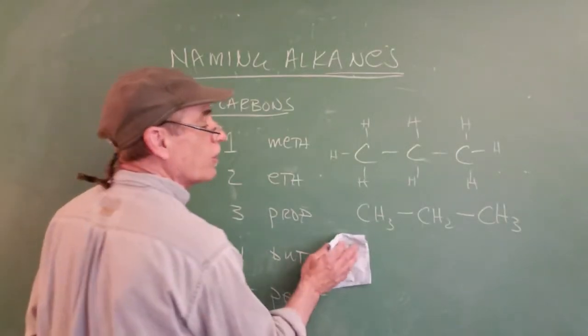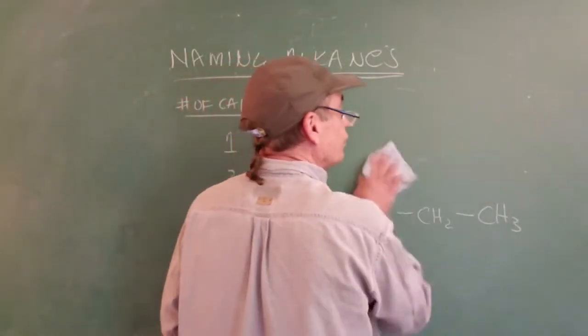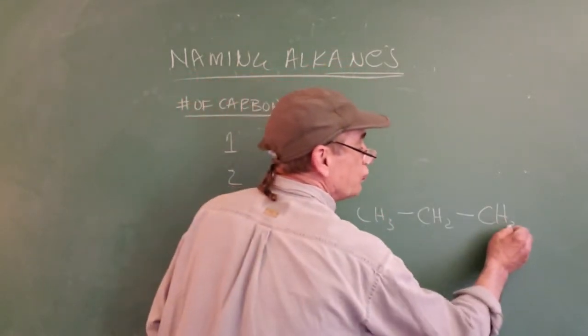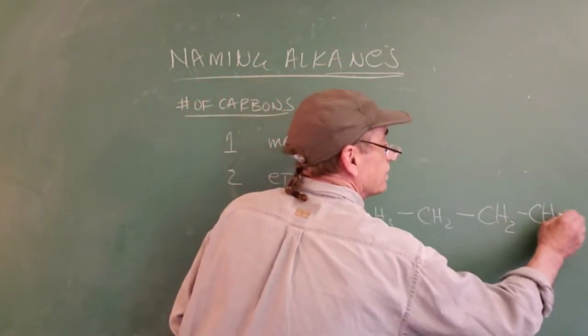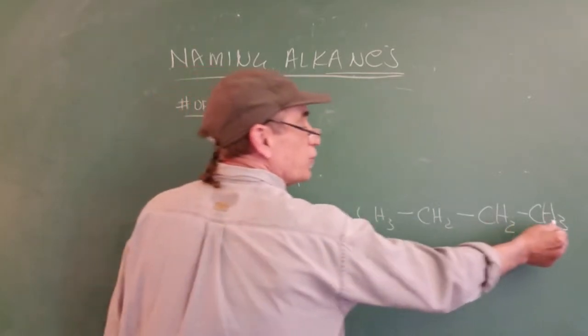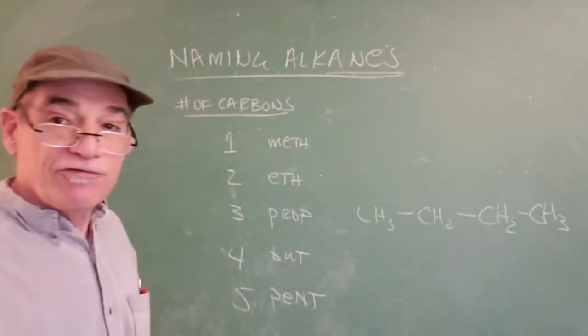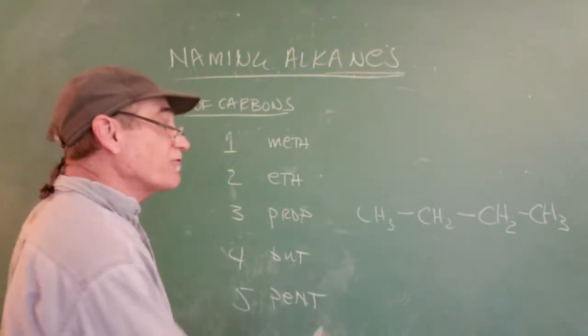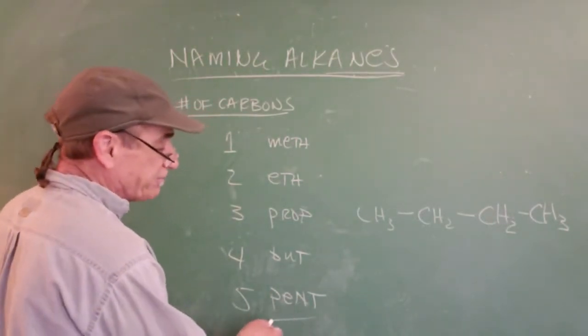Now, if we go to 4 carbons, you can see what's going to happen here. All we do is add another CH2 in the middle of the chain. This would be butane, C4H10. So 5 carbons is going to be pentane.